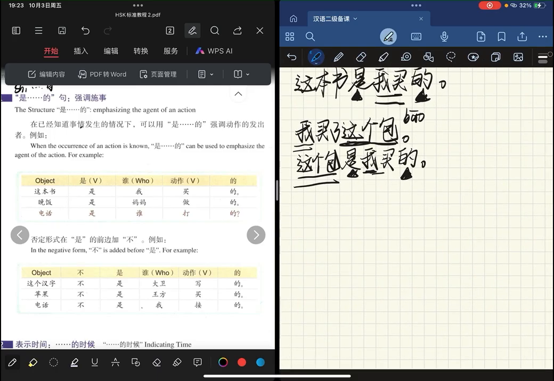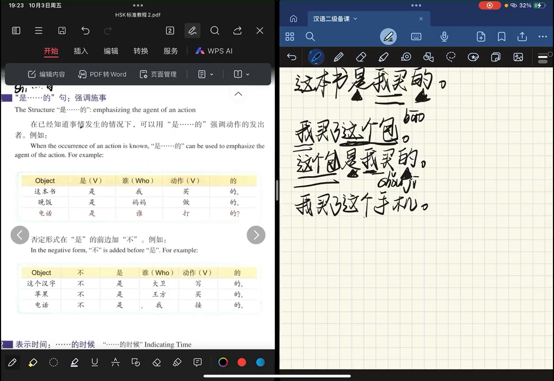So let's see another example. 我买了这个手机. I bought this phone. So now can you turn this sentence?